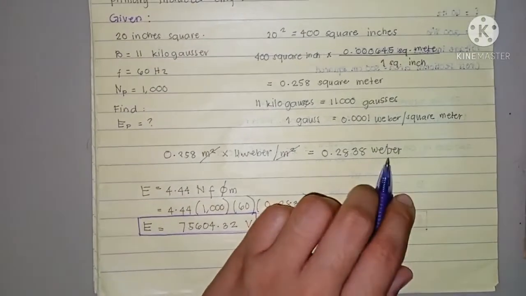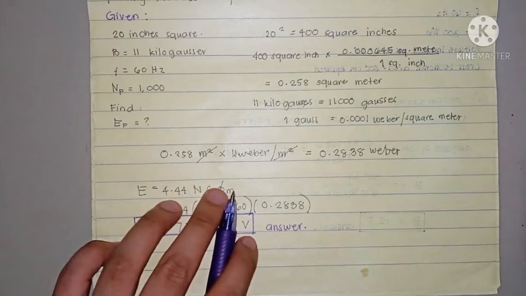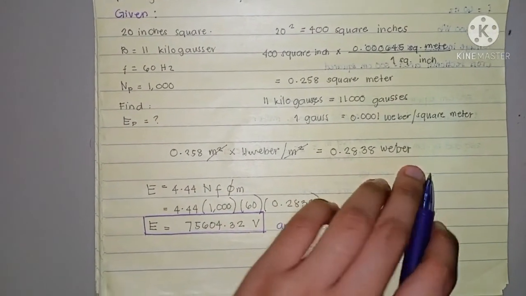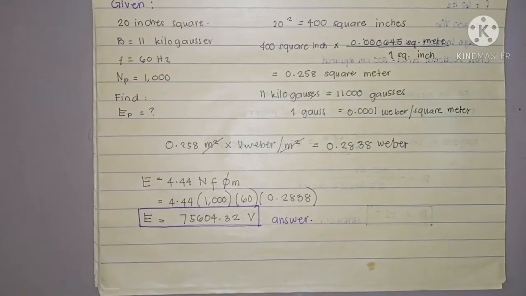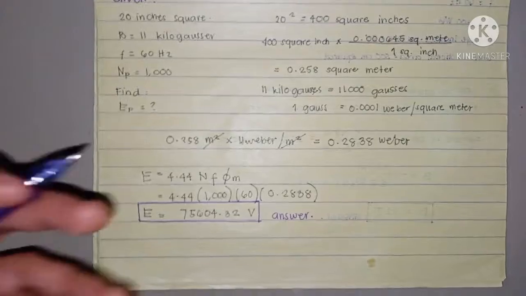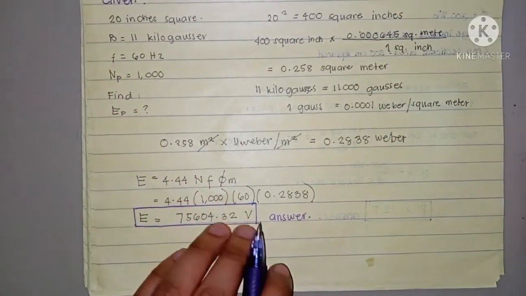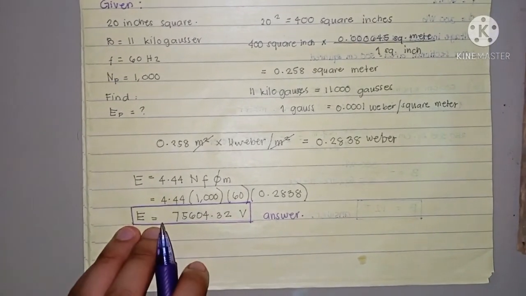So we have obtained that the maximum flux is equal to 0.2838 Weber. Since we already have the values for each variable, we can substitute them into our equation to obtain the value for our EMF.